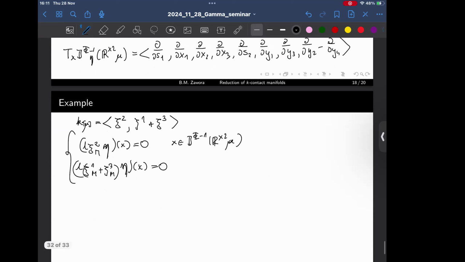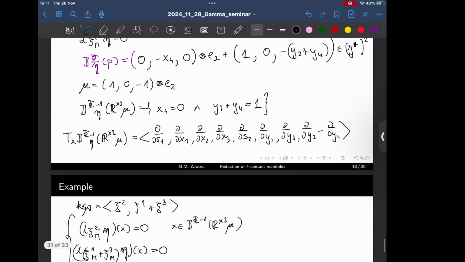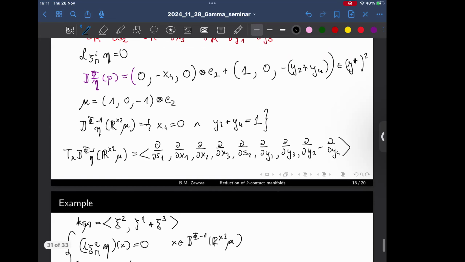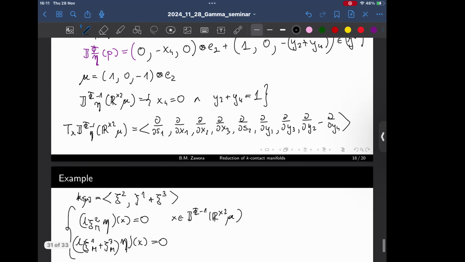So K mu is generated by xi2 and xi1 plus xi3. And actually, you can easily see that this indeed holds for such fixed mu.